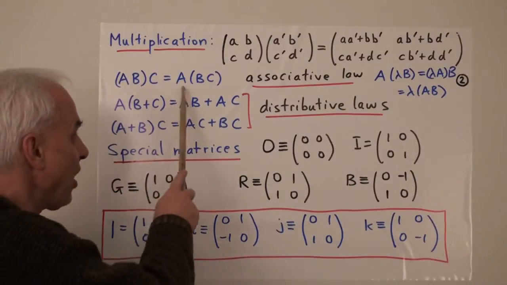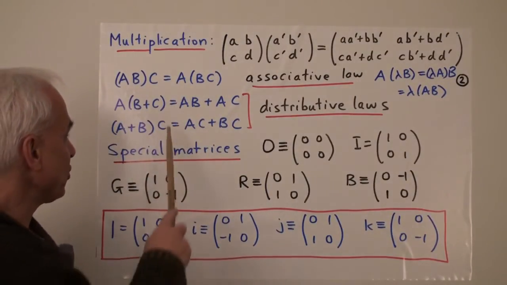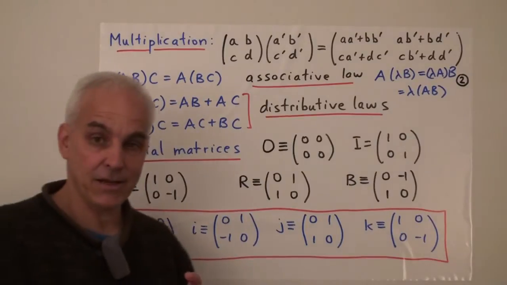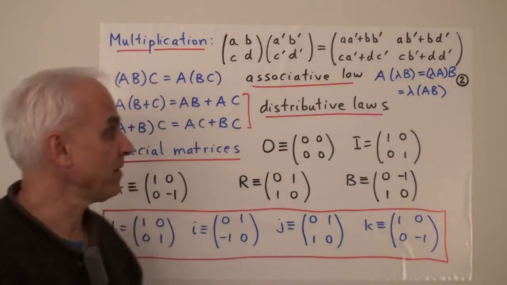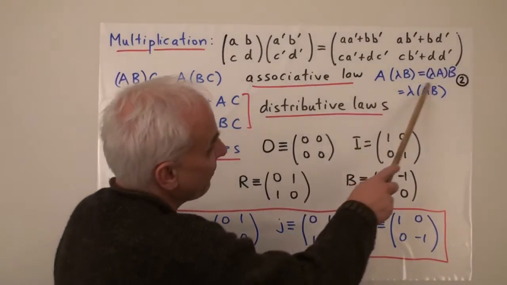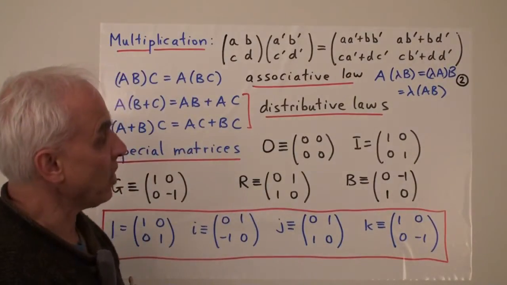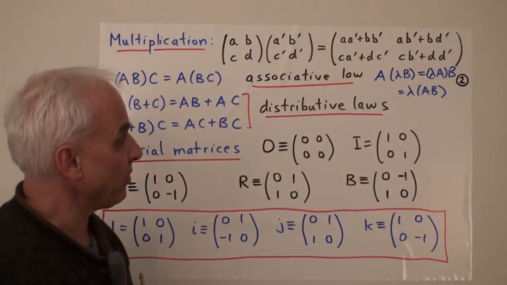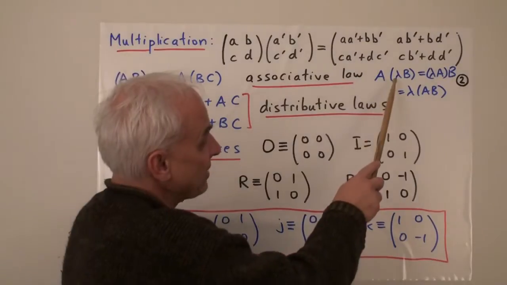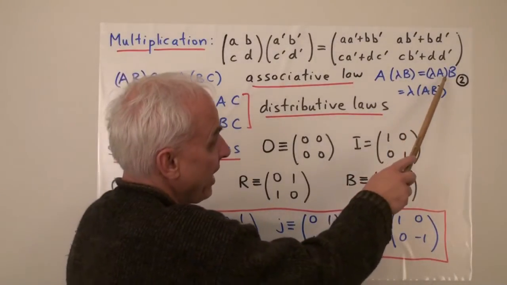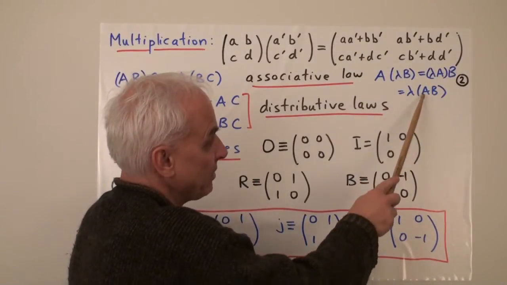The associative law for multiplication, the distributive laws connecting the multiplication and the addition, and then this other form of associative law or distributive law, depending on how you think about it, that says that A times lambda B is the same as lambda A times B is the same as lambda times AB.